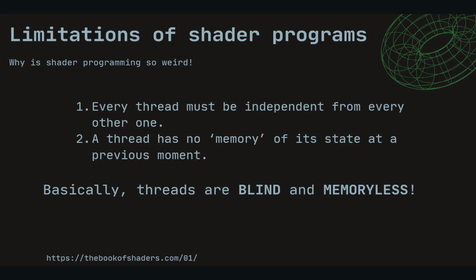These properties are basically summed up as blind and memoryless. We'll see more examples of how this works, but these are the base concepts to keep in mind: you can't see the memory of a state in a previous moment, and each thread is independent from one another.